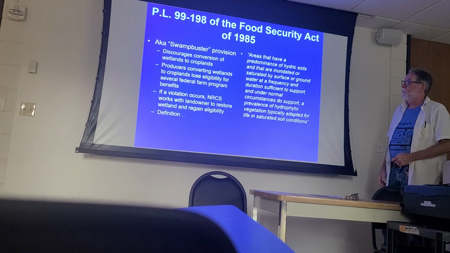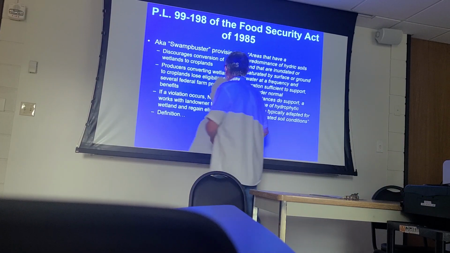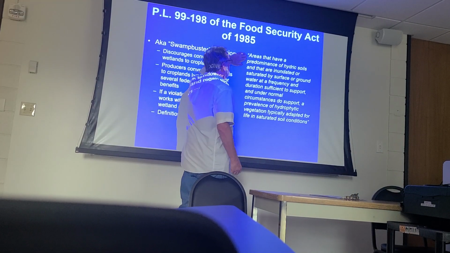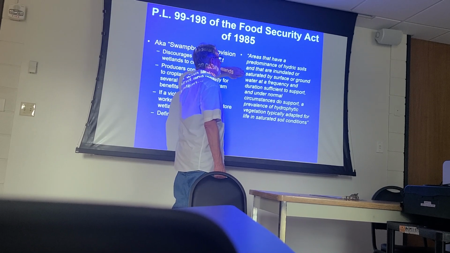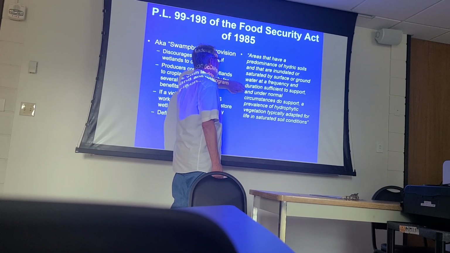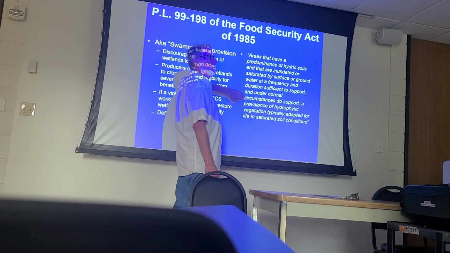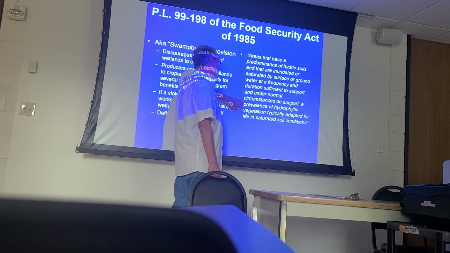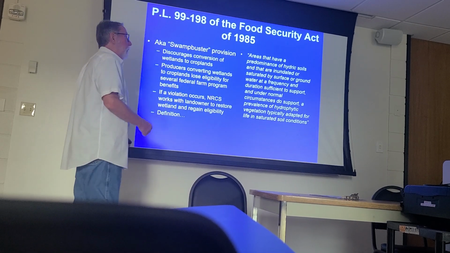Okay. So their definition, again, and I'm just showing these definitions to show that they're all pretty much covering the same things. Areas that have a predominance of hydric soils and that are inundated or saturated at a frequency sufficient to support, and under normal circumstances do support, the prevalence of hydrophytic vegetation typically adapted to live in that world.